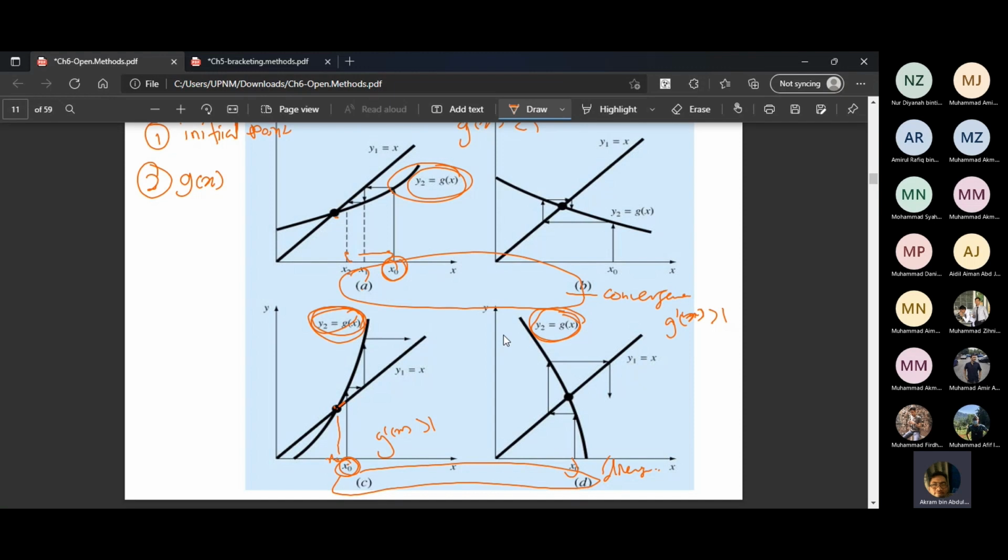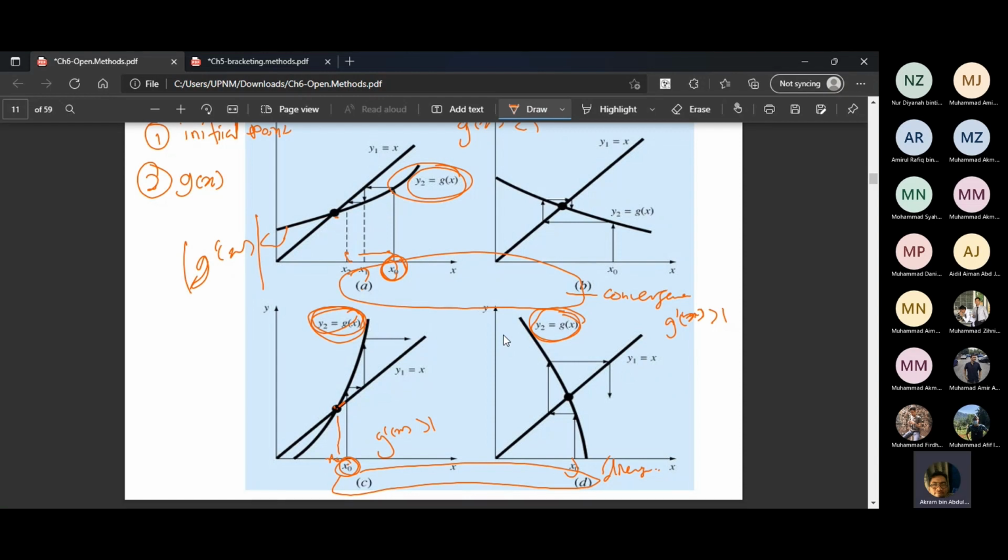If we compare, you can compare A with C, and B with D. In A, our initial point is far from the root, but because we chose a correct function g(x), the magnitude of g prime x is less than 1, so it will converge to the root.